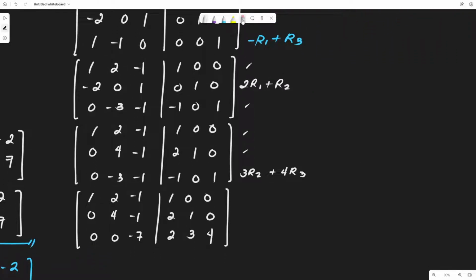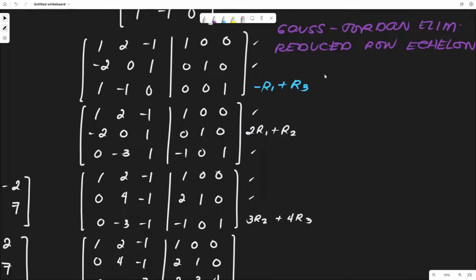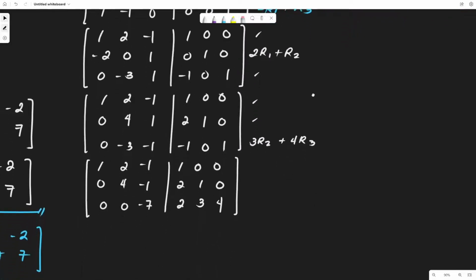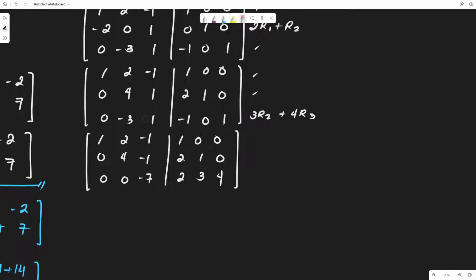So sorry, this should be positive pala, because of negative R1. Negative of negative 1 is positive, so plus 0 is positive 1. So I have to change this. Apologies. So this too will become 3. Tama. So we have here 3 plus negative 3 plus 4.